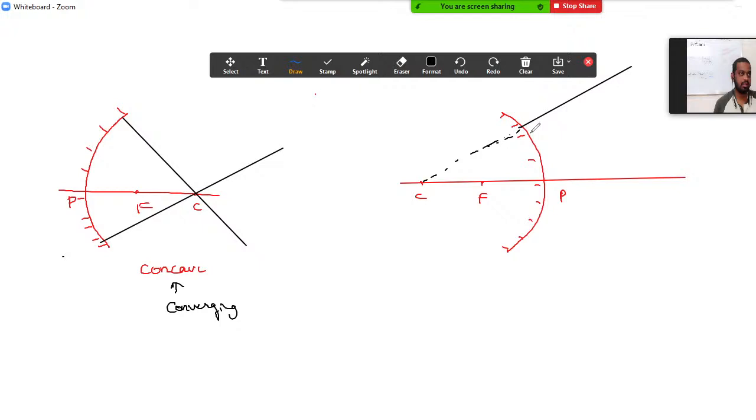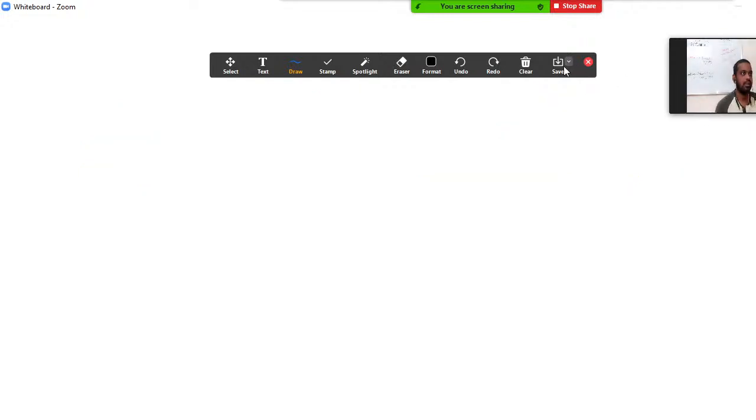Center of curvature is the center of the sphere of which the mirror is a part. This mirror is a part of a sphere and this mirror also is part of a sphere. C stands for center. And today we are going to discuss the technical terms in spherical mirrors.